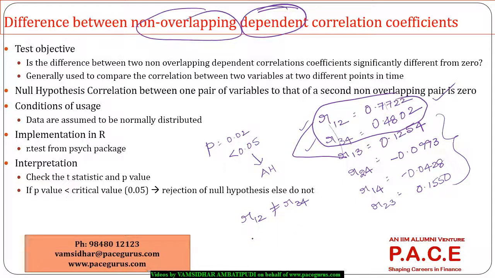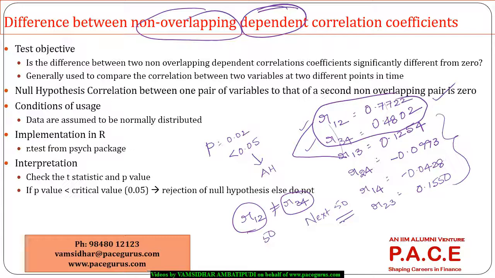It means the correlation between the telecom and the reality sector in the first 50 months is not the same as the correlation between the telecom and the reality sector in the next 50 months. It means the relationship between the telecom and the reality sector has changed over time.